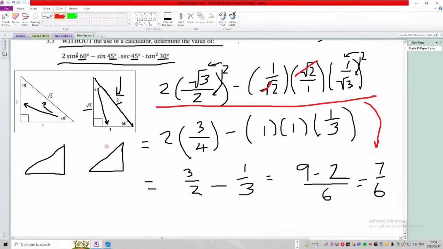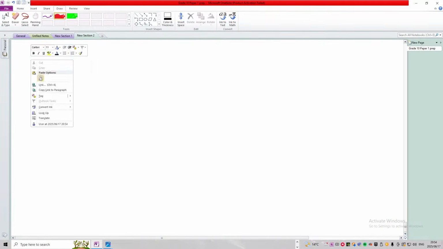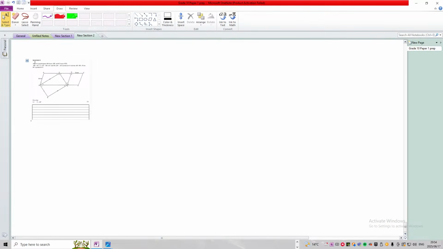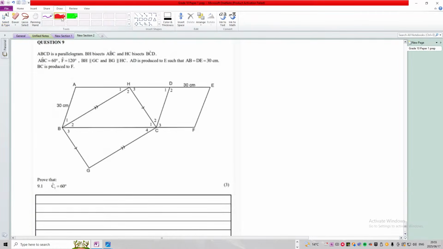Okay, so let's see if we can do this one. Prove C1 is equal to 60. ABCD is a parallelogram.